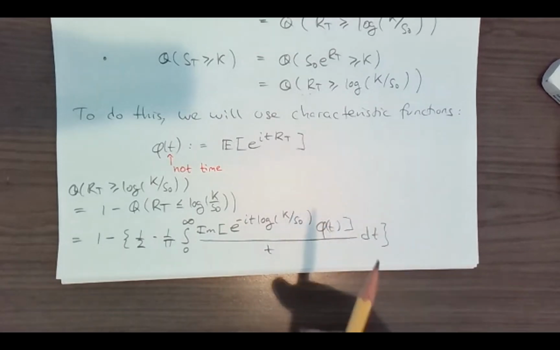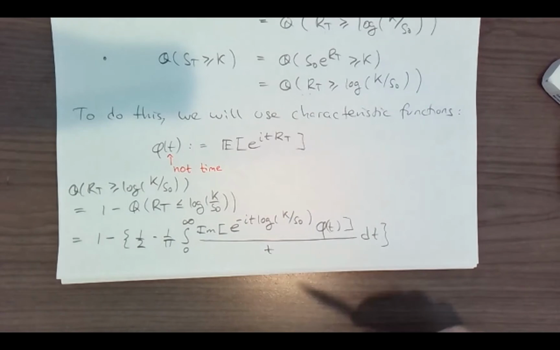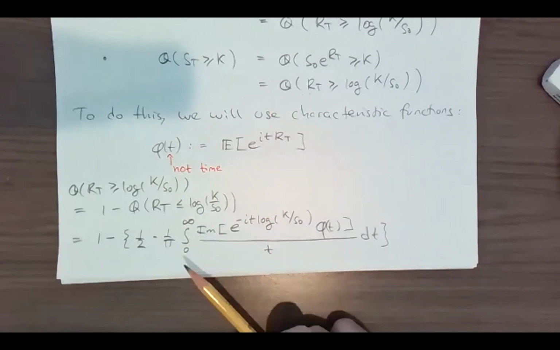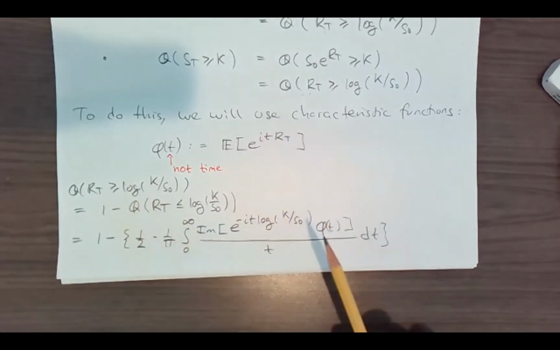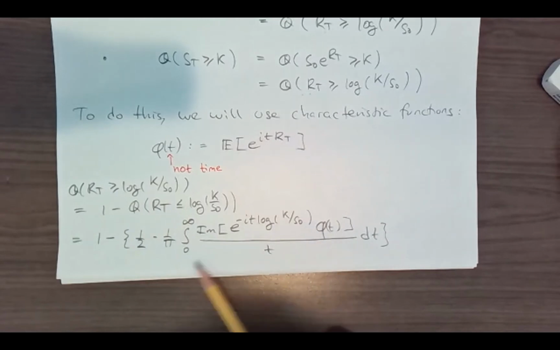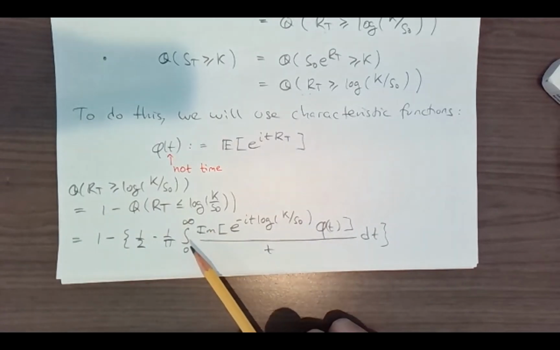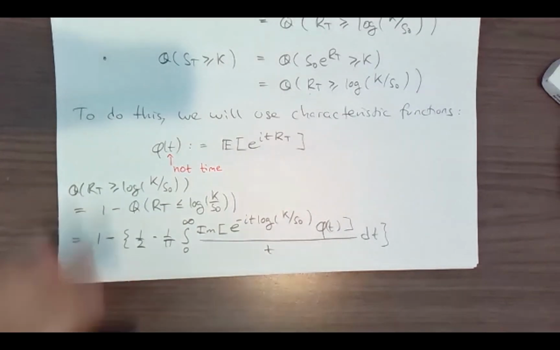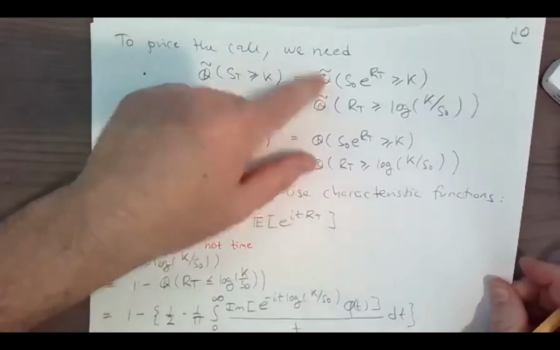So provided that you can figure out what phi is, you can calculate this probability by performing this integral. And of course, you have to do a similar thing for the Q tilde probability.